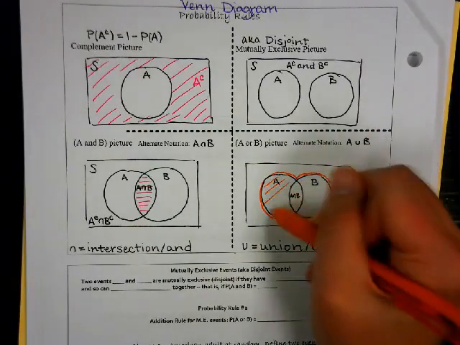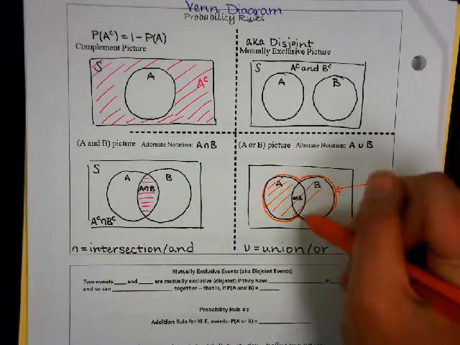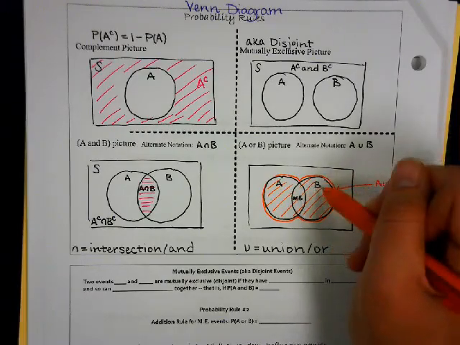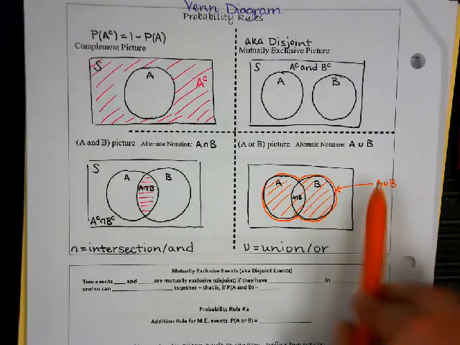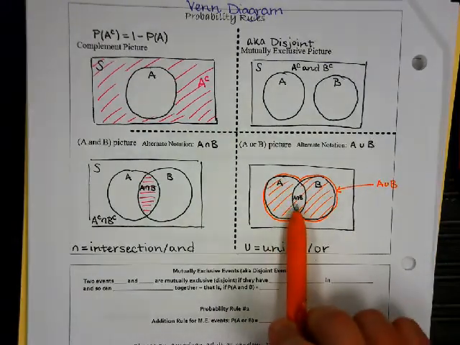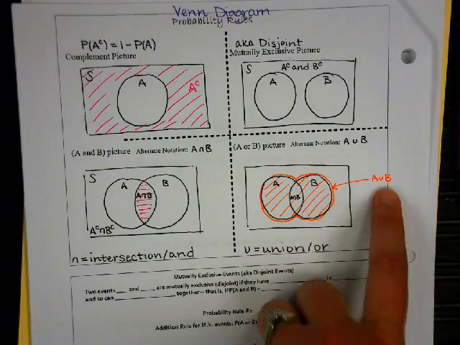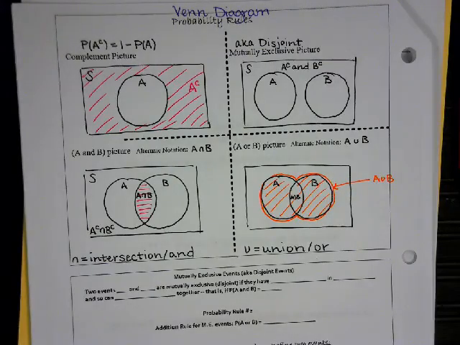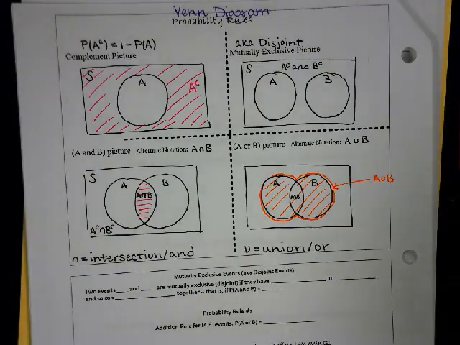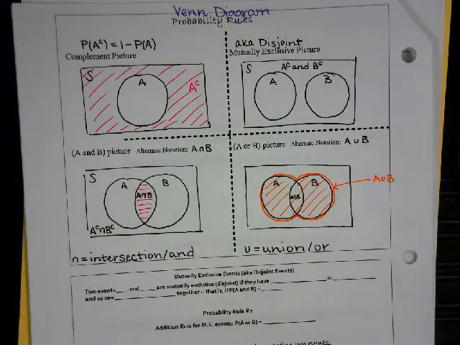This says A or, the middle says A and B, yes. I think I'm just going to use the U, because that makes more sense to me than finding either or. The U makes more sense to you? I will use the words and the notation interchangeably, because you need to know the notation, but sometimes the word makes more sense for a question, especially if it's written out in words, a word problem. So I use them interchangeably.